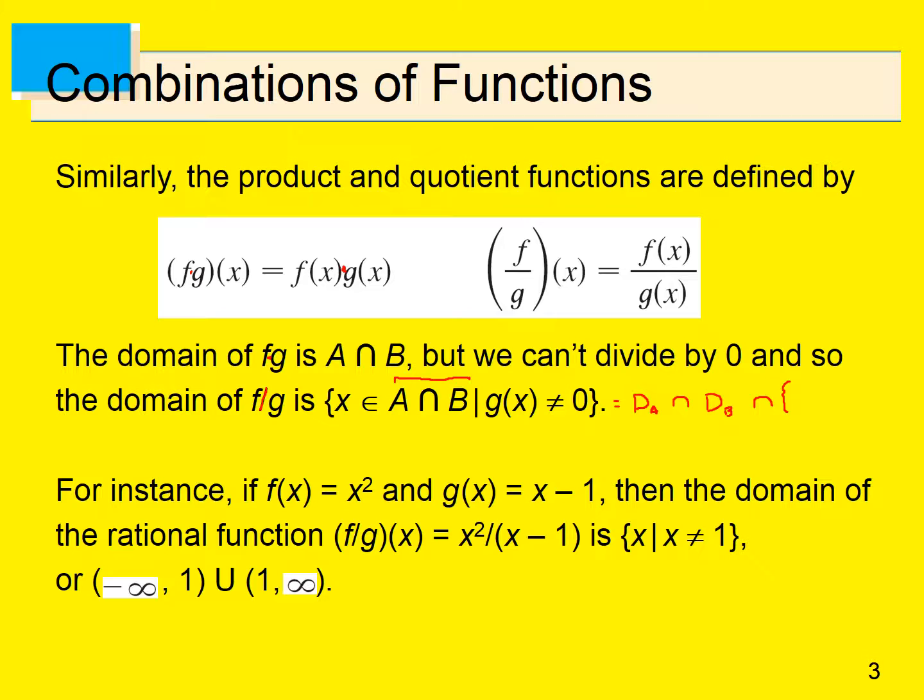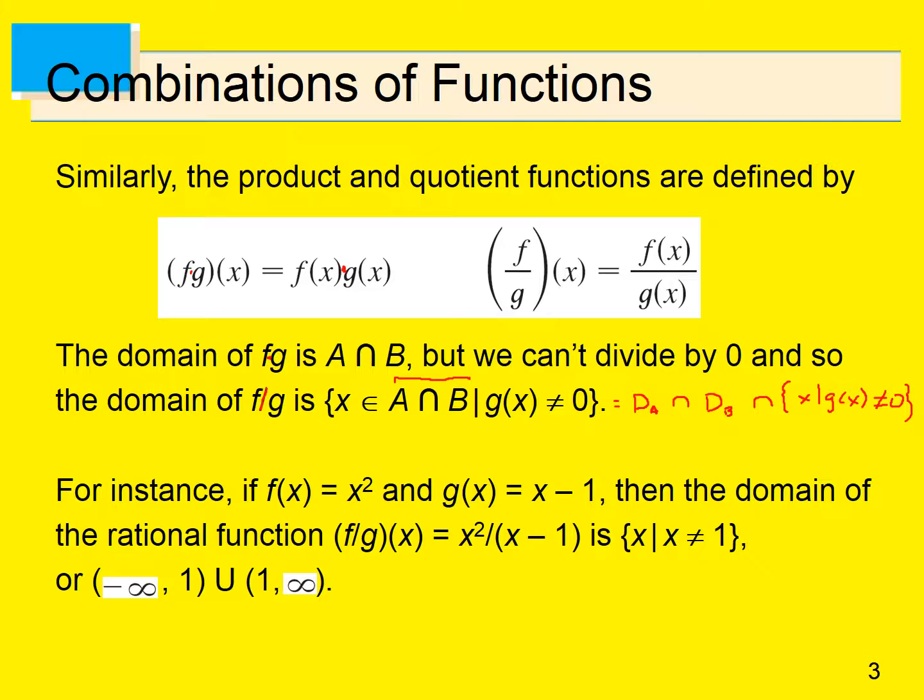All the x values that make g of x 0, the ones that do have to get thrown out of the domain, so we could write it as an intersection with that third set. And so, anything not in all three of the sets gets thrown out of the domain of the quotient function. So, set of all x such that g of x, you got to be okay with this set too. G of x can't be 0 because it's a denominator and you can't divide by 0. So that's another way to think of it if you're comfortable with the set theoretical notation.